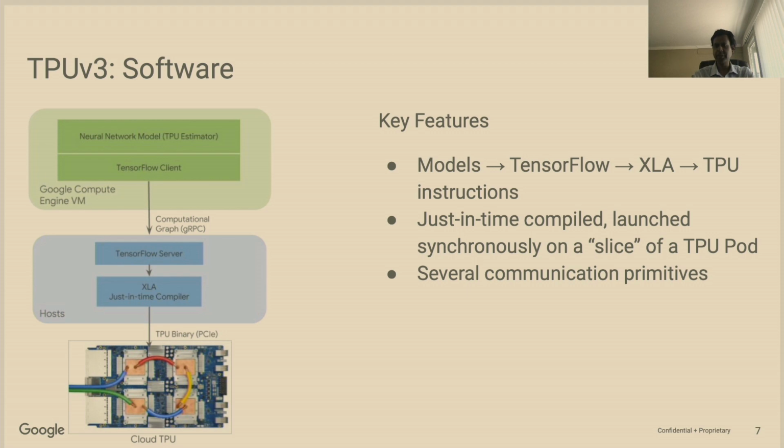This is executed just in time and compiled individually for each slice at the time of the job launch. This allows us to optimize the instructions for a given job. We enable several communication primitives such as all reduce, all to all, all gather, and send receive to enable hosts and accelerators to communicate with other accelerators on the 2D torus network.